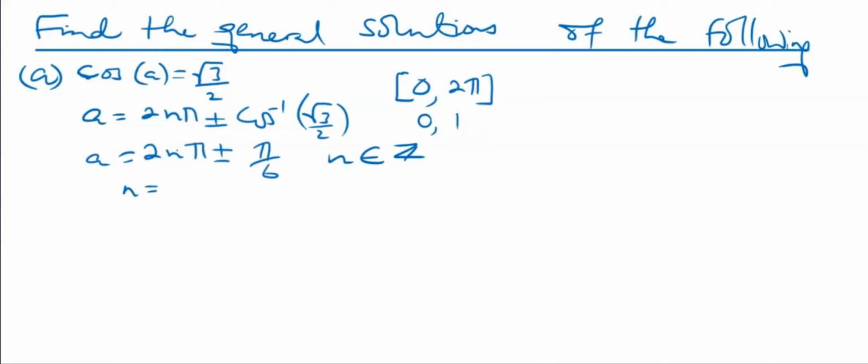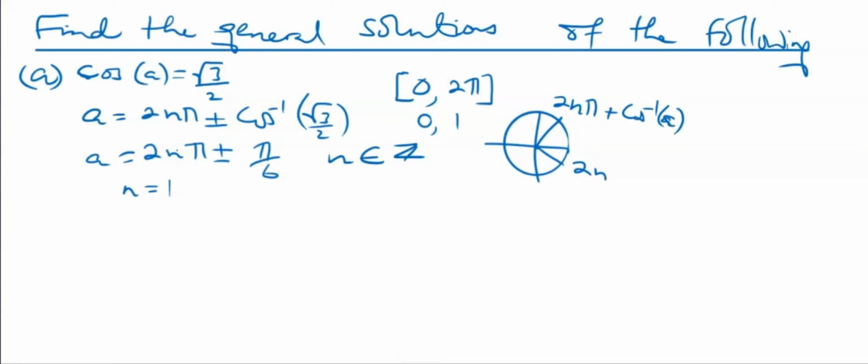So if n is 1, then in the unit circle, 2n pi plus cos inverse a is in the first quadrant, and 2n pi minus cos inverse a is in the fourth quadrant.